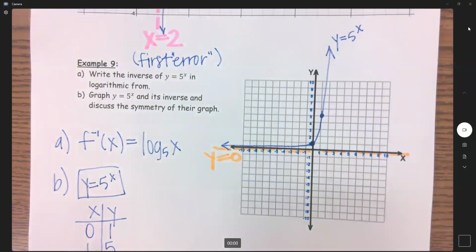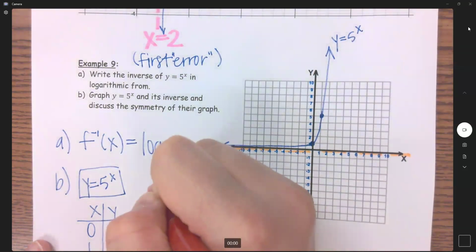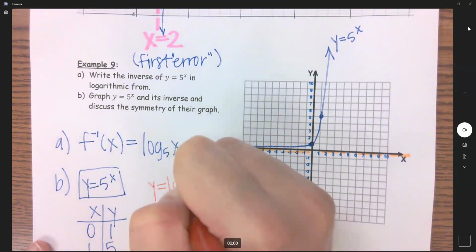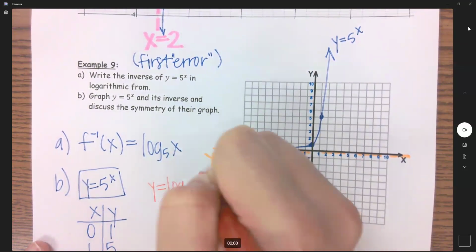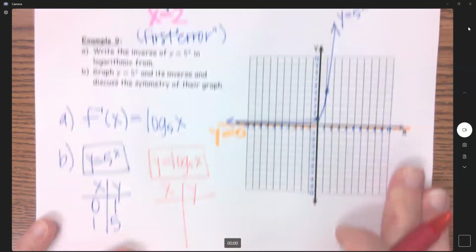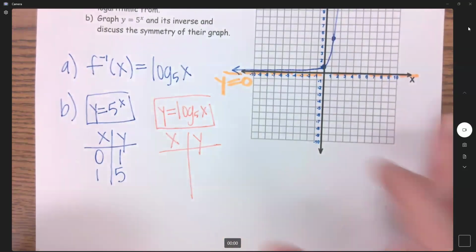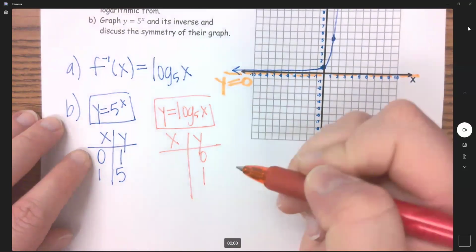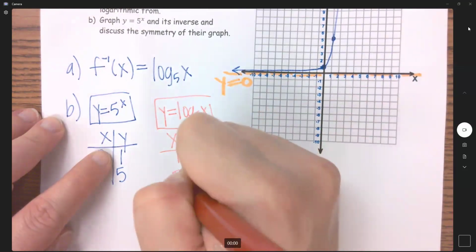Now for my inverse, y equals log base 5 of x, I'm just going to switch these. So 0, 1 over here in my y, 1, 5 in my x.